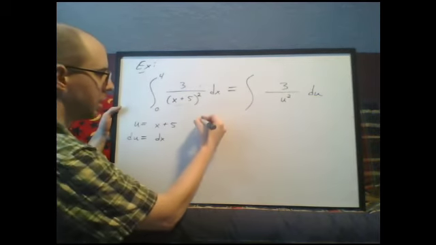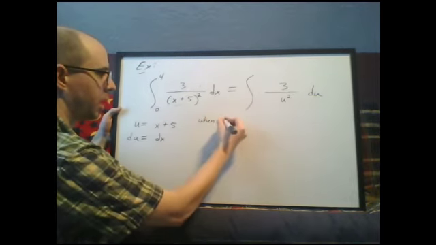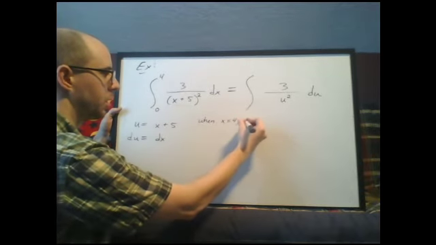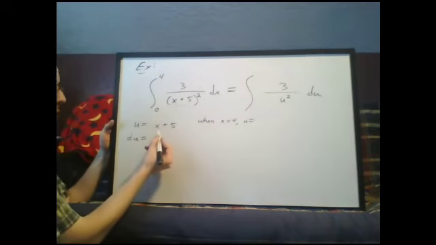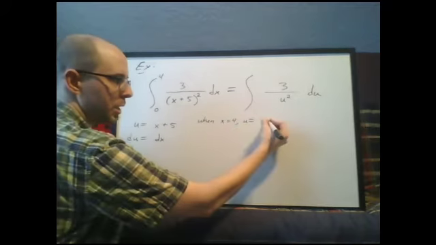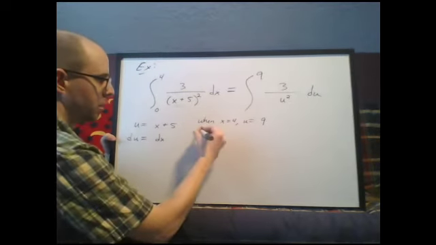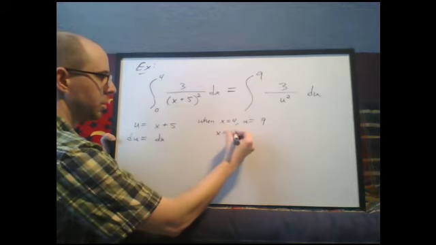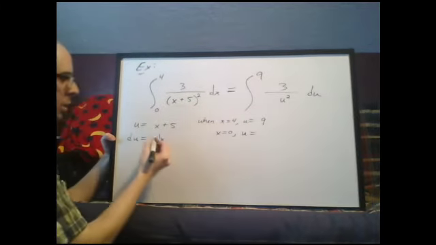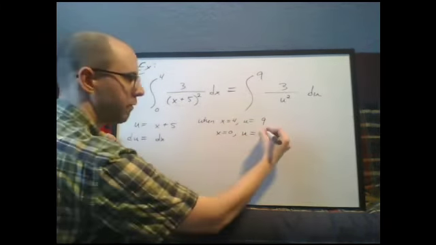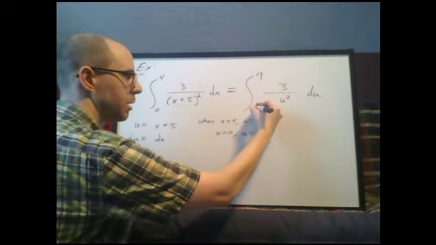So when x equals 4, u equals 4 plus 5, which would be 9. So my top number becomes 9. When x equals 0, u equals 0 plus 5, so my bottom number turns into 5.